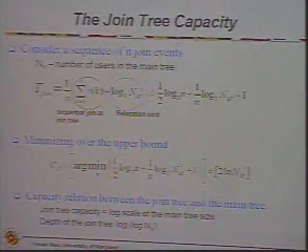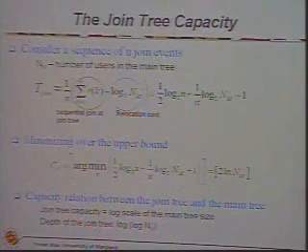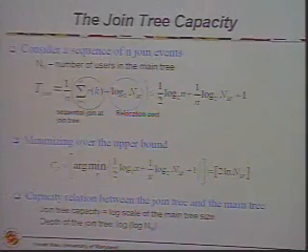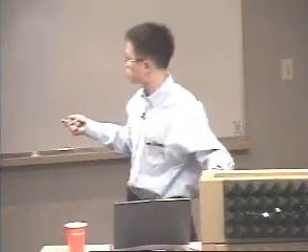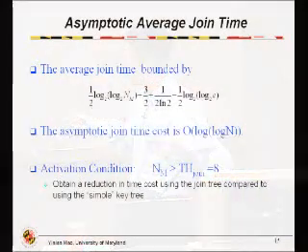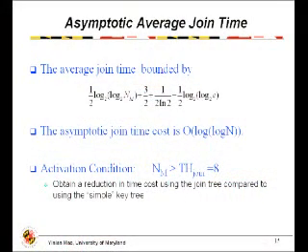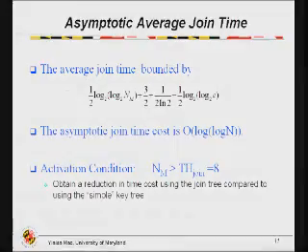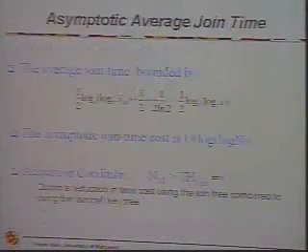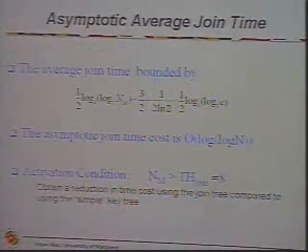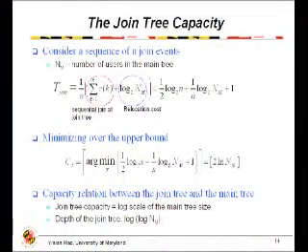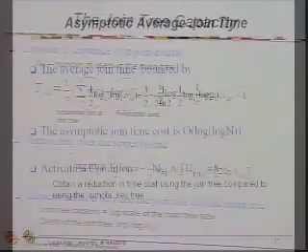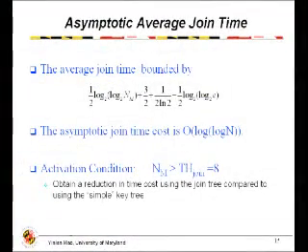A second indirect result is that the depth of the join tree is at the log scale of the main tree size. And when the user number, the group size, grows to bigger and bigger, this depth of the join tree will dominate the average join time. We'll show it in the next slide. So we substitute this value into the upper bound here and compute an upper bound on the average join time.